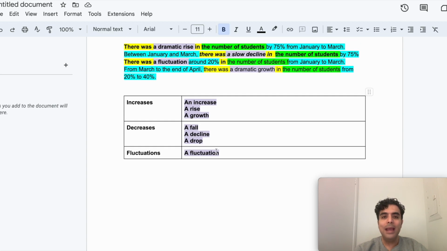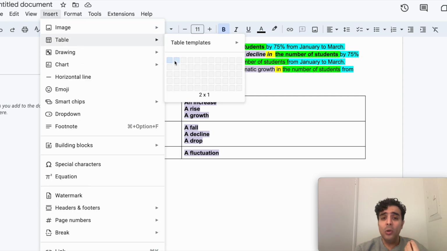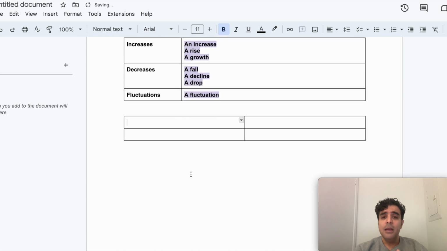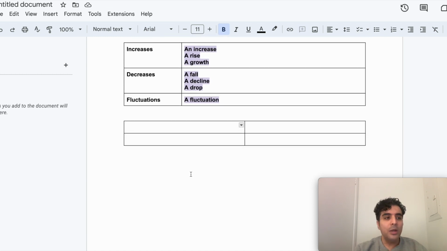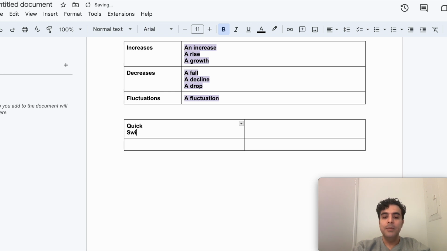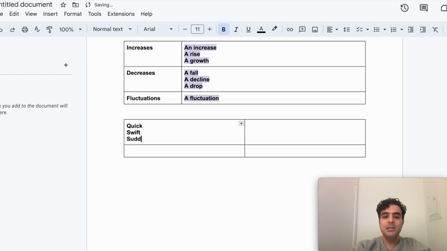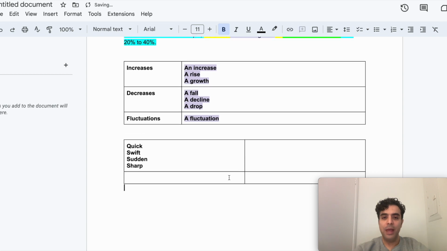Is there any way to make a distinction between an increase that happens very slowly or very slightly versus an increase that happens very dramatically or very quickly? How can we make this distinction? And it's through the use of adjectives. So if it happens fast, then you could use something like quick, swift, sudden, and sharp. Let me show you how that would work.